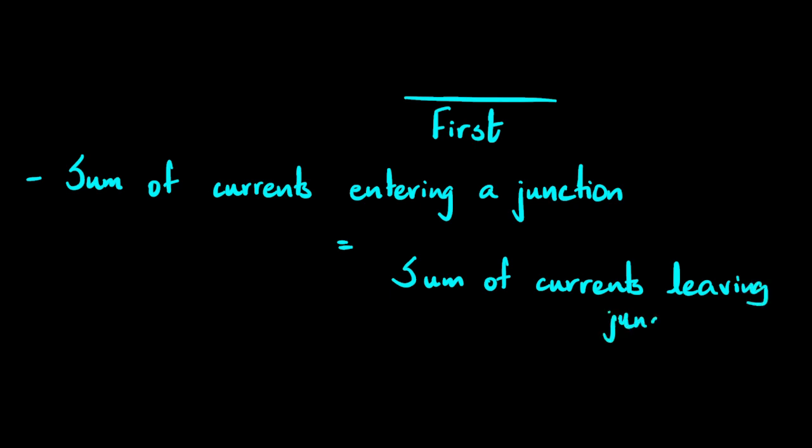Some books might also say that the algebraic sum of all the current entering a junction is 0, and again that actually means the same thing as what we wrote here.